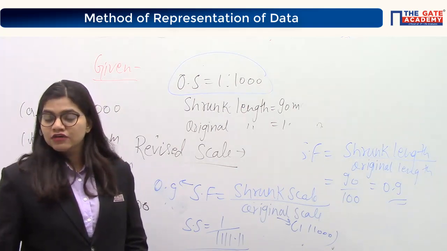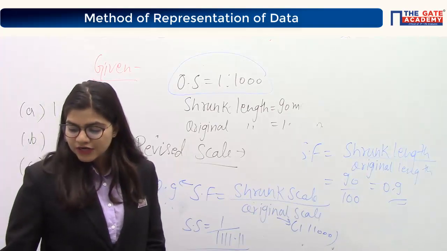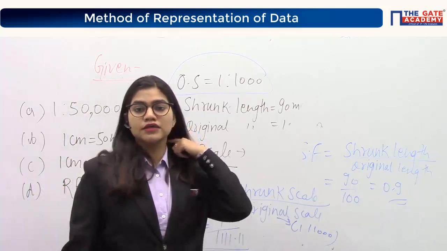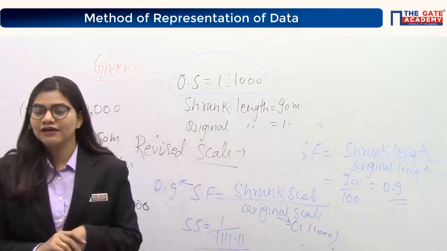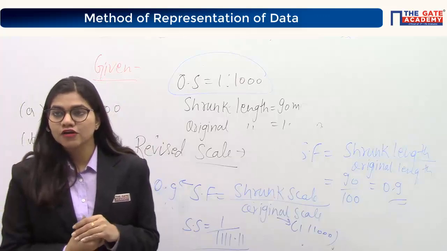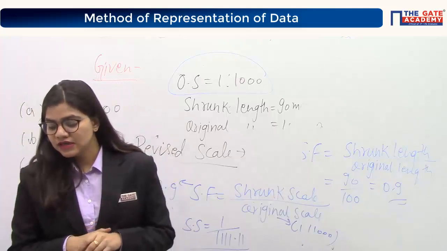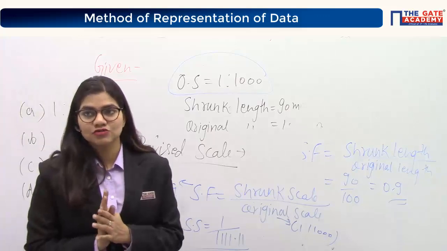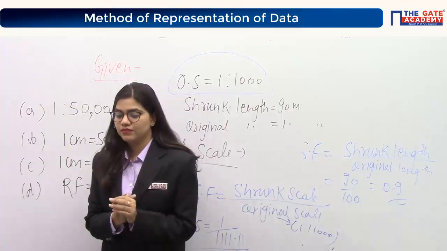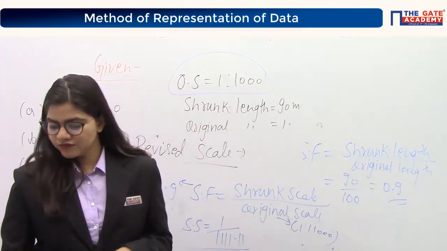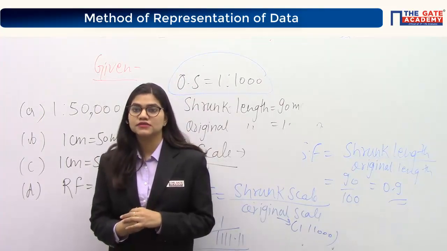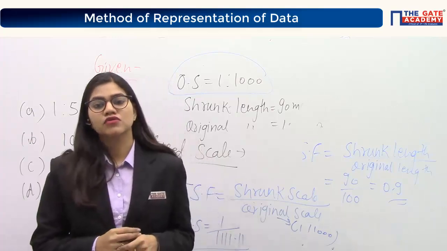The area of the reduced plan is measured as 81 centimeter square. The actual area of the survey in meter square is?